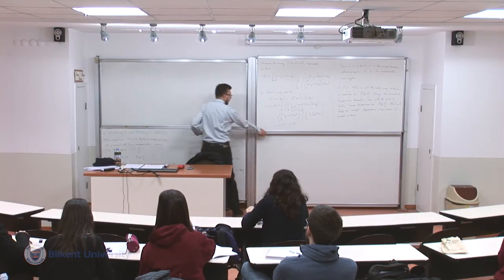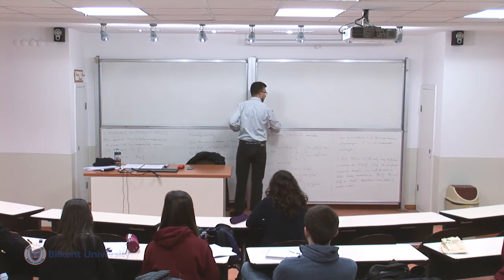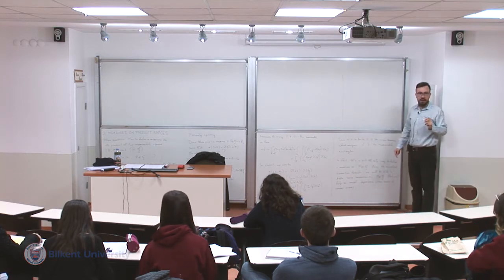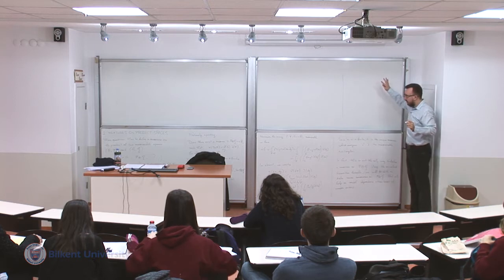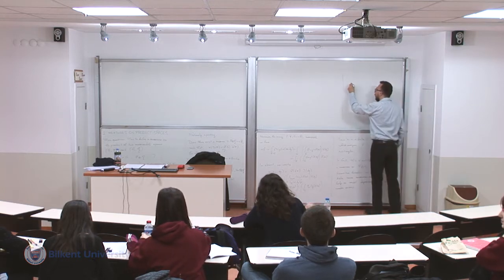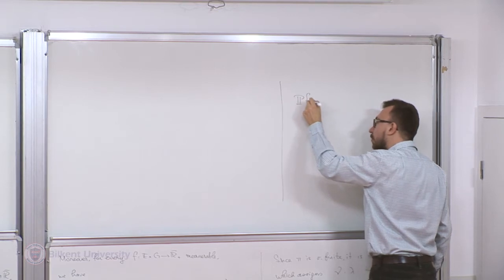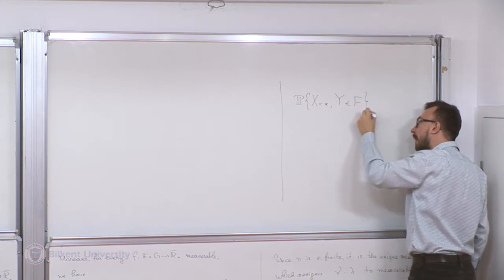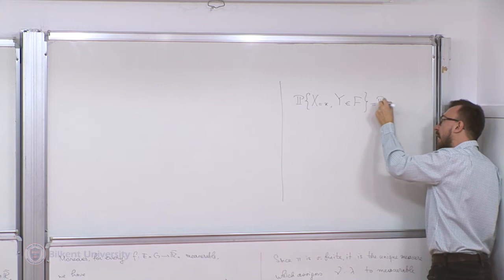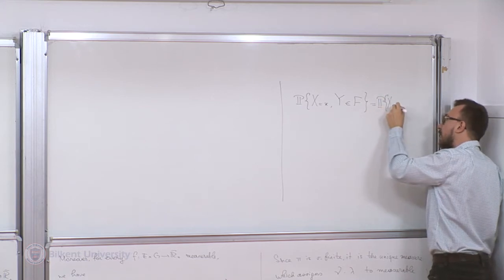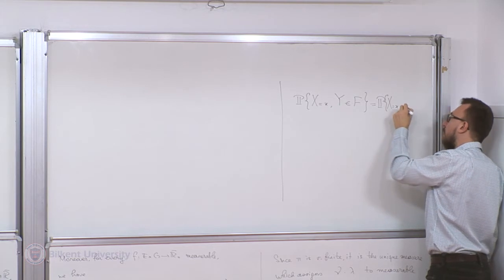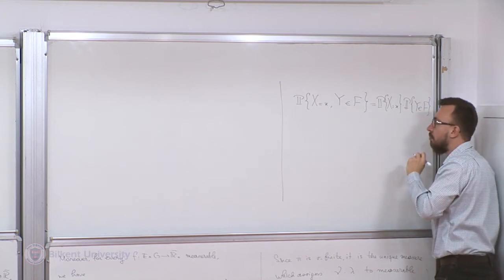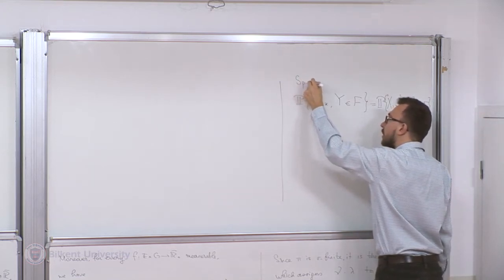Okay, let's get started with transition kernels. So I will write something here. Whenever you get confused, look at here. Probability that x is in X and y is in F is equal to the probability that x is in X times the probability that y is in F. This is only a special case.